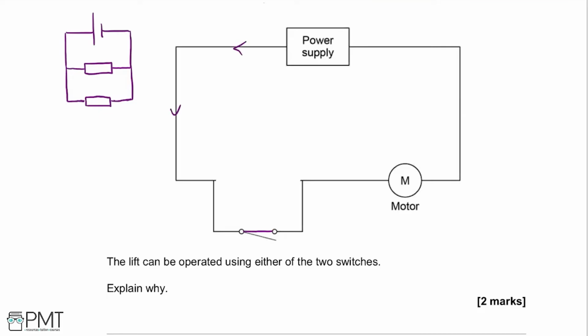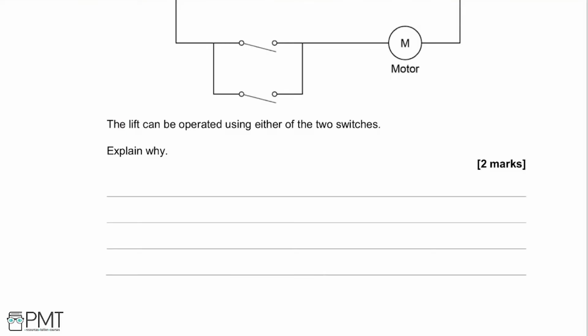The current can flow around here, and it would go down and around and back up again. So the circuit is still complete, even though the other switch is open or even just completely not there like we've done. So our answer for this would be that the switches are in parallel.